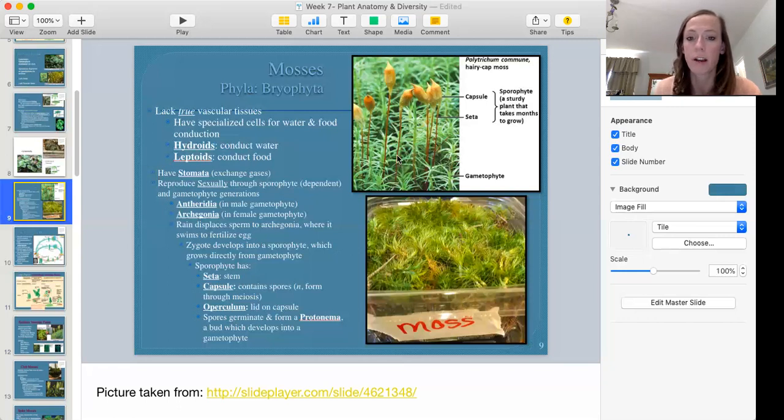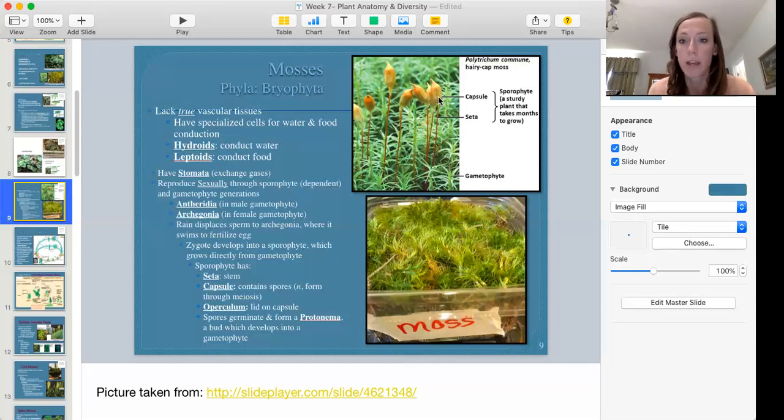which is characterized by the stalk, which we call the seta, and a capsule, which is the top part here, and it will ultimately hold spores inside the capsule. After it has developed, and within the capsule, cells undergo meiosis to return to the haploid number.